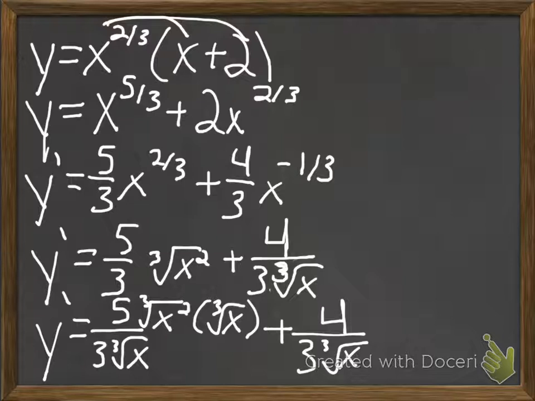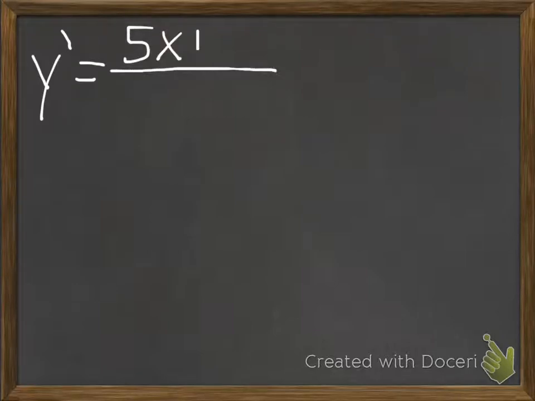So you cancel out both of the roots, and thus you can make 5x plus 4 over the common denominator of 3 cube root of x.